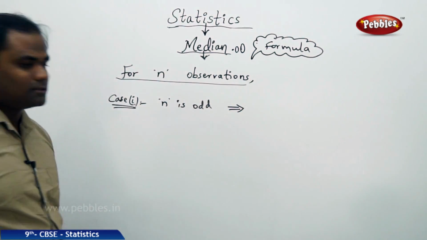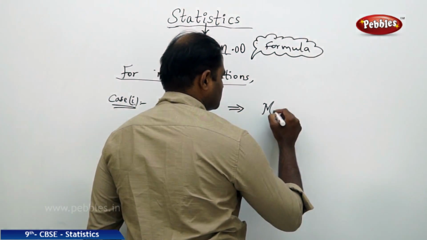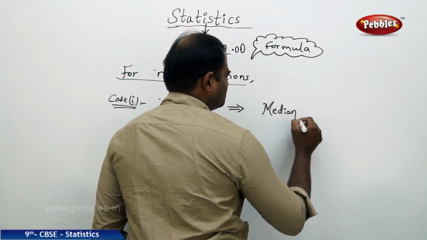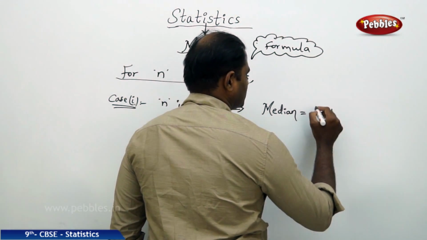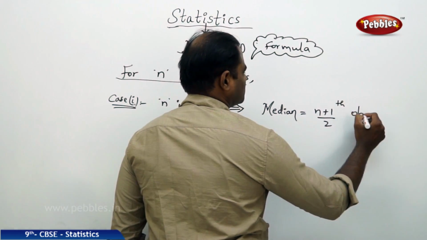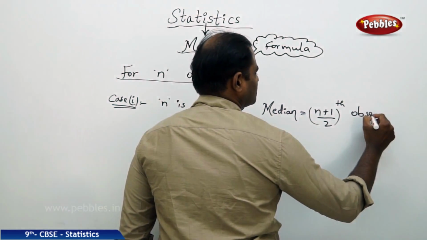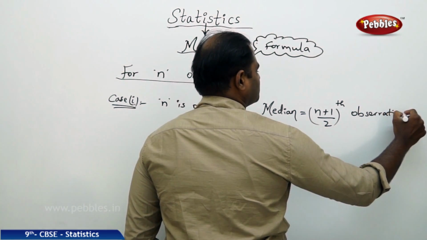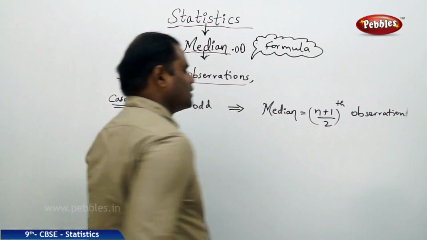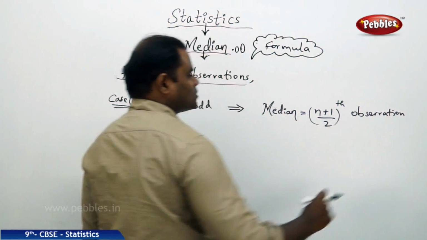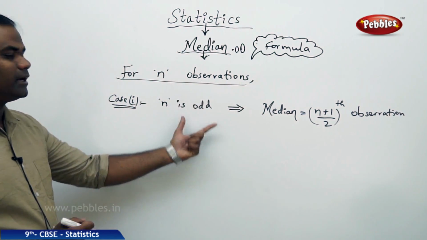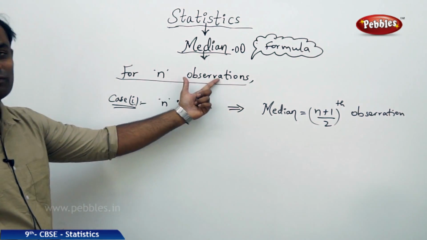If n is odd, it implies median is the n plus 1 by 2th observation. This is how we understand the formula. Median is the n plus 1 by 2th observation, where n is the number of observations.